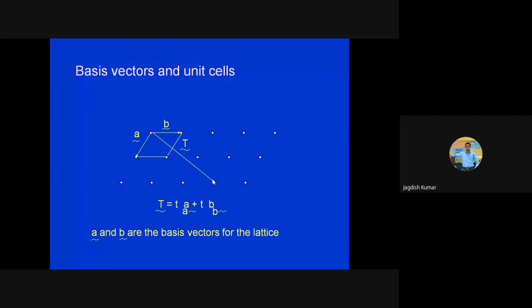How? Since this is a periodic array of points, it is repeating infinitely. So as long as you are sitting on any of the lattice points, not only for this translation, but on any of these lattice points, you will see exactly the same environment. Suppose you sit on one of the points and you are asked to close your eyes, and somebody moves the whole background of points.